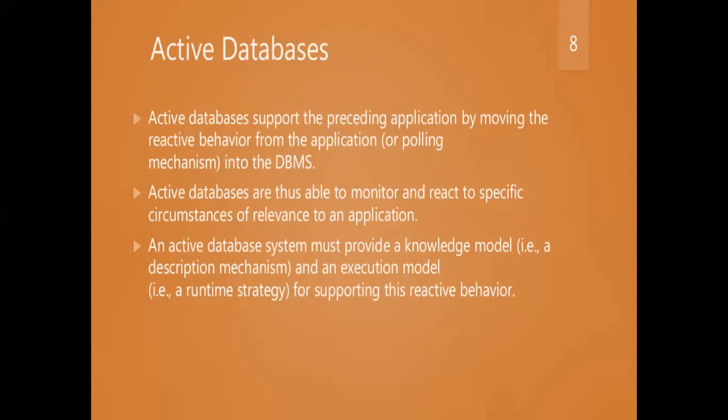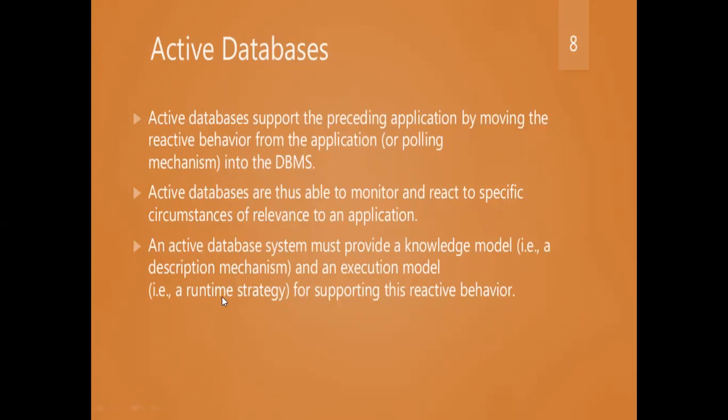Our commands as well as the rules associated with those commands are going to be executed within the DBMS, that is database management system. So an active database is able to monitor and react to specific circumstances of relevance to an application. If an application is executed, the active database is going to monitor it and also react to those circumstances.